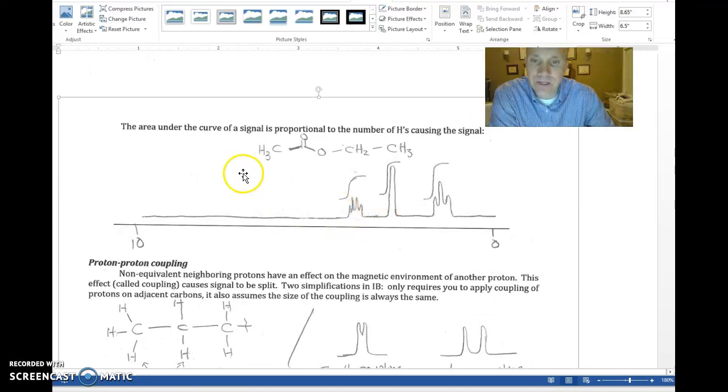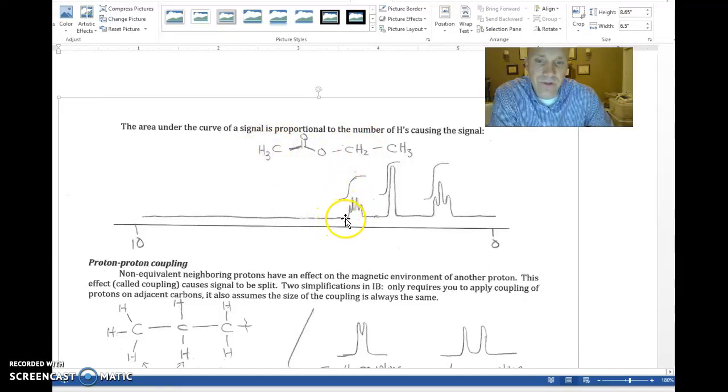The other thing you need to realize about interpreting an NMR is that if you take a look at this molecule, there's going to be 3 signals: one for these hydrogens, one for these hydrogens, and one for these hydrogens right here. Now consider the area under the curve.